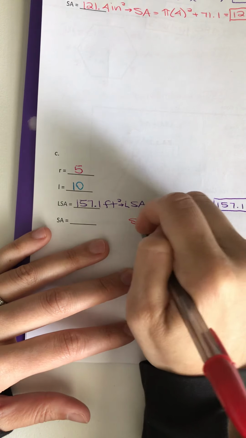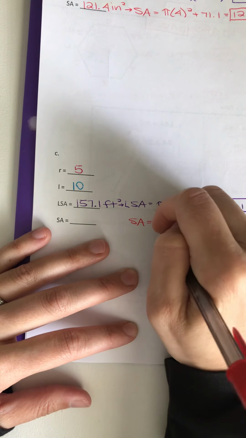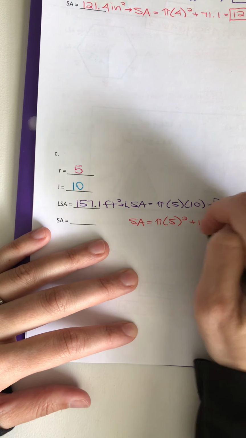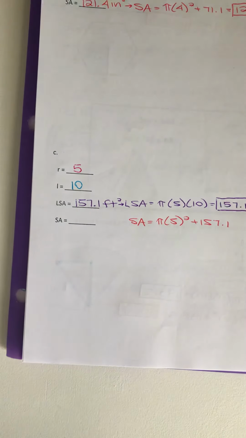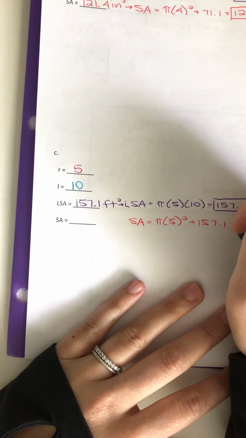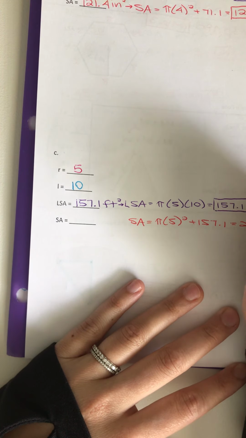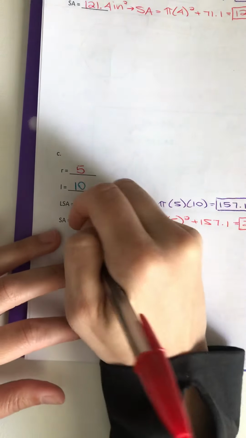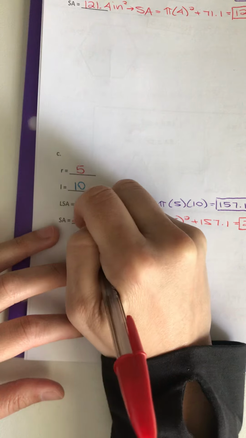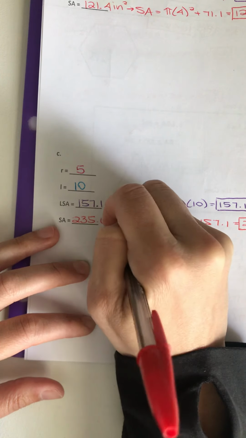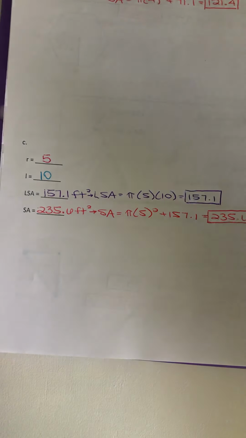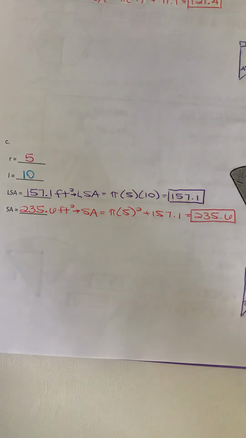And my surface area is pi r squared plus that 157.1, which is about 235.6. We are all done.